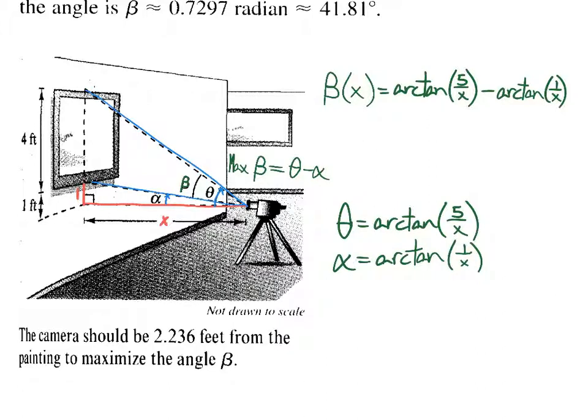That would have been the square root of x squared plus 1. Or maybe you did the big hypotenuse and you said, okay, well, then that would be 5. So it'd be the square root of x squared plus 25.